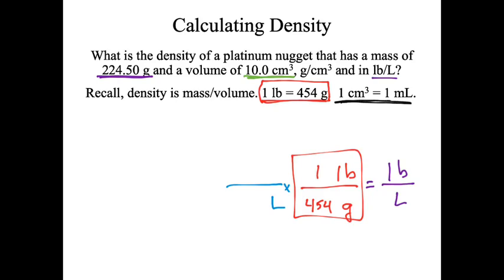And I have 1 centimeter cubed equals 1 milliliter. Liters aren't really mentioned anywhere. Do you know how to convert liters to something else? Yes. What are you required to know? How to convert liters into milliliters.